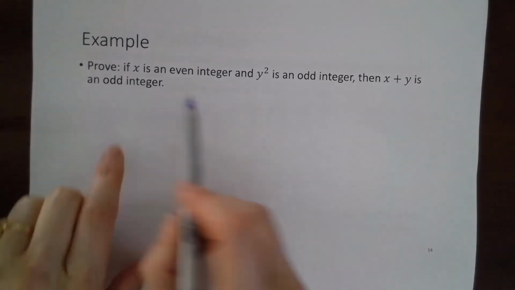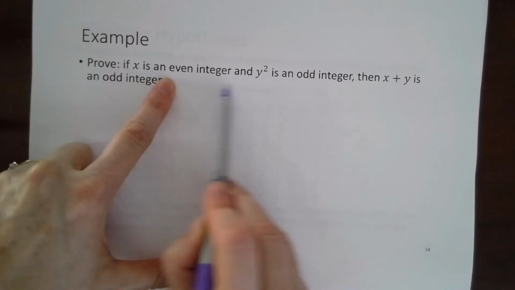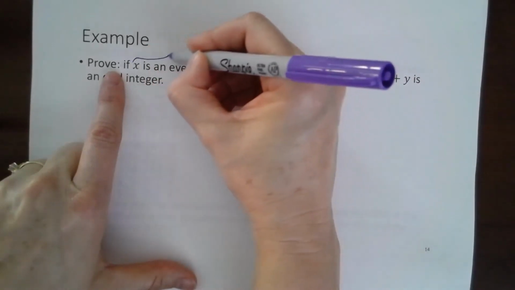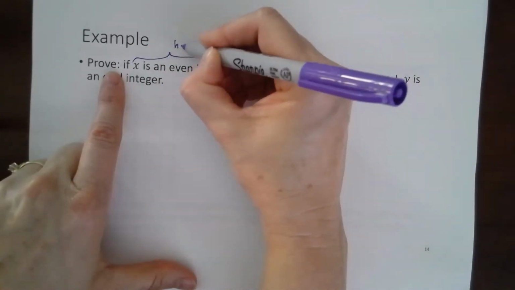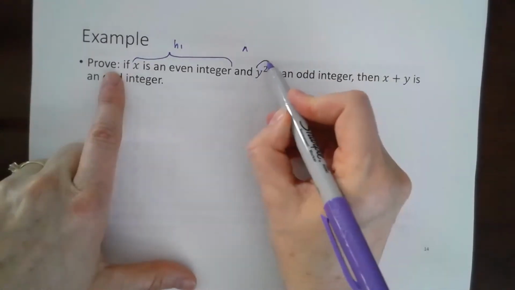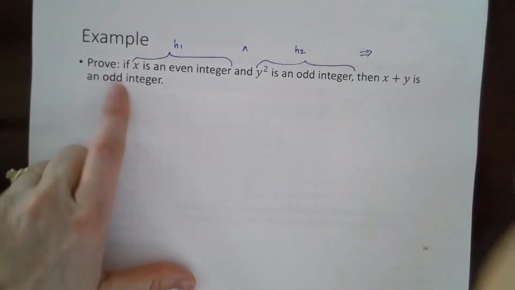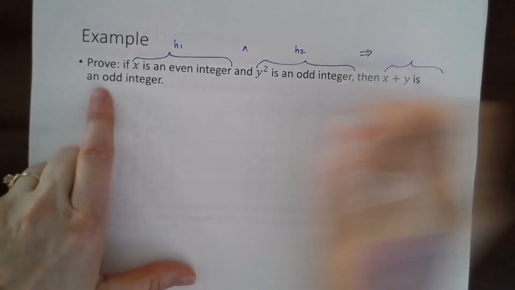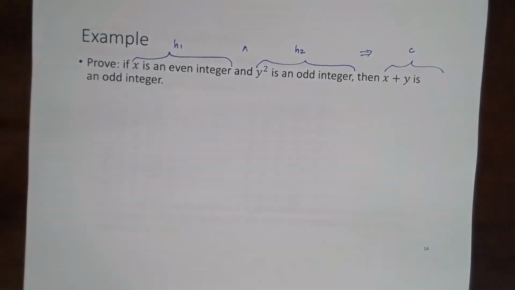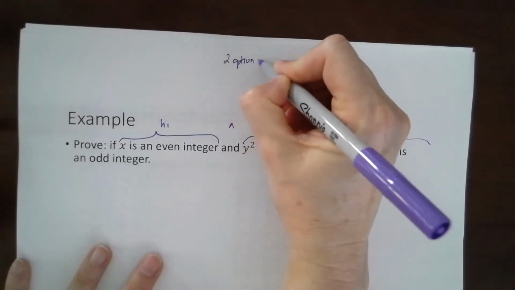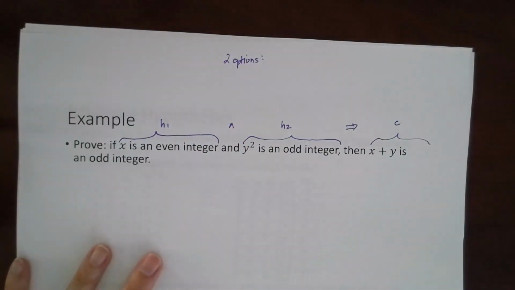So notice we have if x is an even integer and y squared is an odd integer. So this is like our hypothesis number 1. And then we have and this one is our hypothesis number 2. And then this here, x plus y is an odd integer, that's our conclusion. So essentially we have 2 options if we're doing a proof by contrapositive.